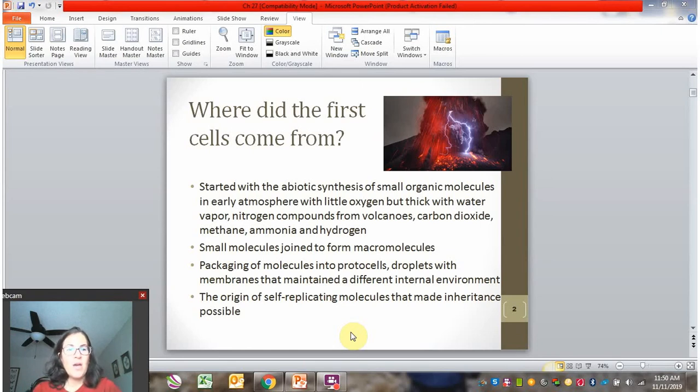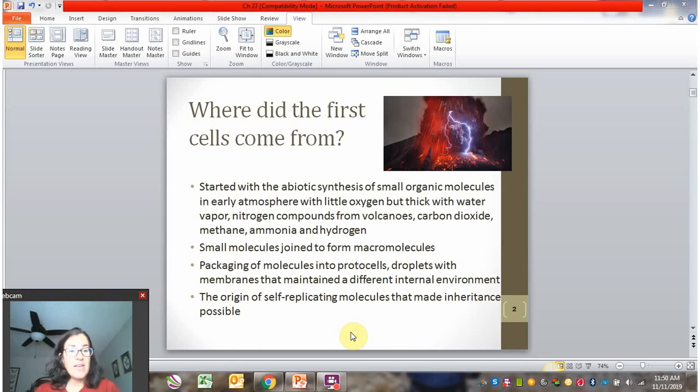explanation. So scientists think that the early environment of Earth had liquid, the atmosphere was low in oxygen, but there was a lot of water vapor. There was a lot of nitrogen containing compounds that had been emitted by volcanoes. There was a lot of CO2.